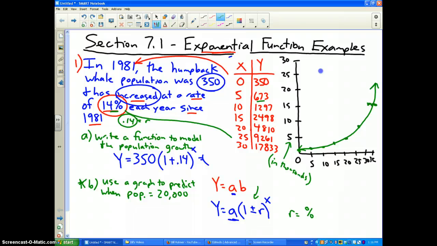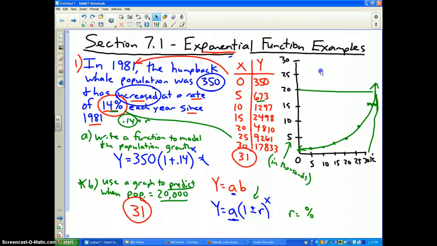So the question is, use your graph to predict when the population would be 20,000. Obviously, it's not going to be extremely accurate. Now, 20,000 is in here, and if I go over to my line and down, it's hard on this board since we're going off the edge, but if you do it right, the year is around year 31 when the population finally gets to 20,000.